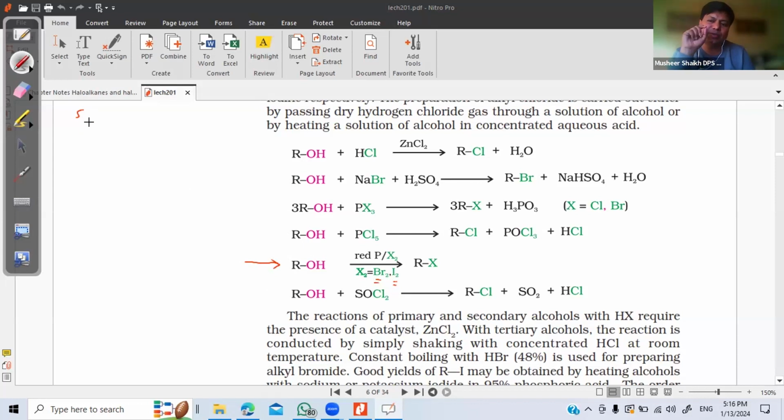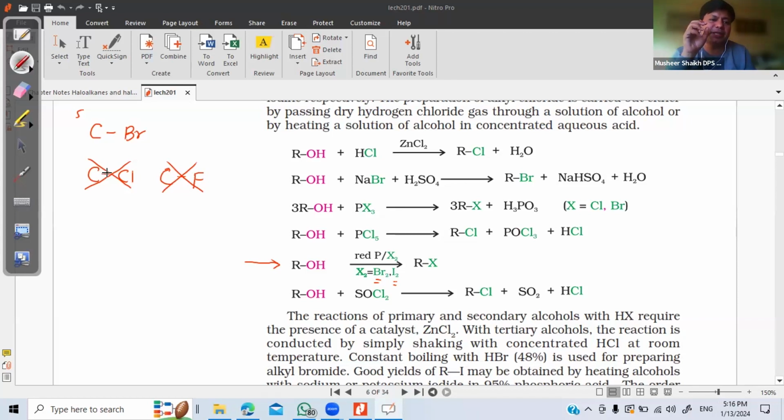A hint I will give for this chapter is always remember the reaction of Br. There are many chemical reactions where you will find C and Cl does not work. Carbon and fluorine, we already studied that it has very few reactions where carbon and fluorine bonds can be broken and you can have some new reaction.